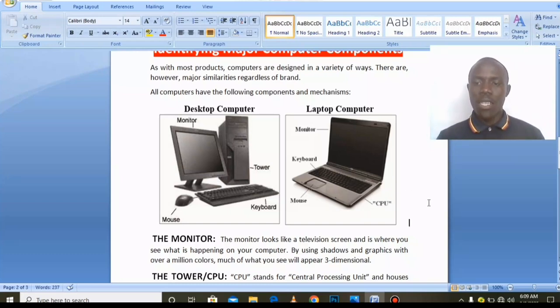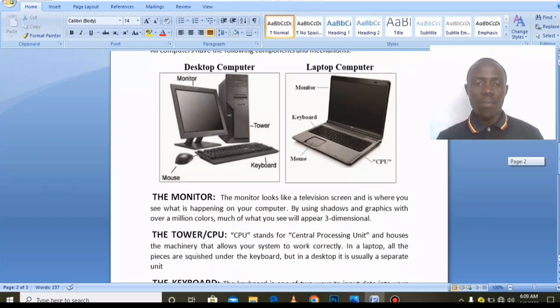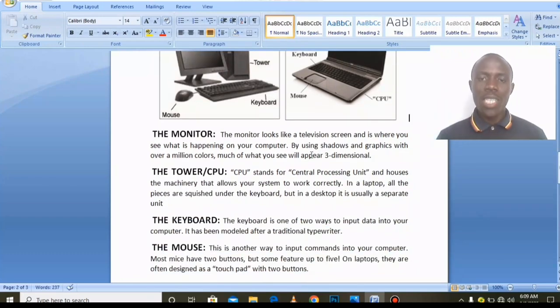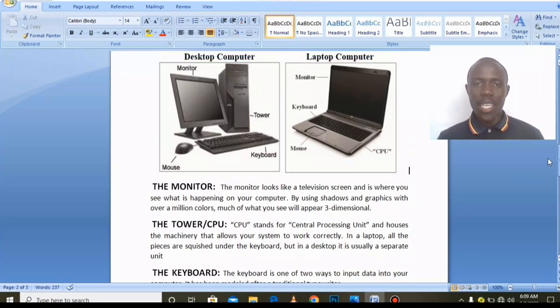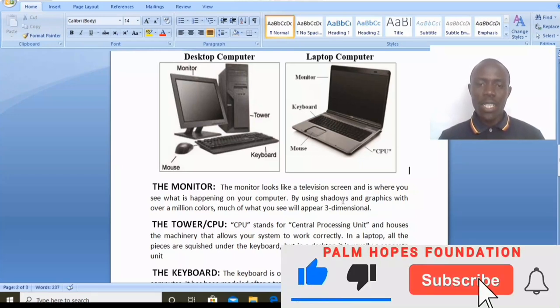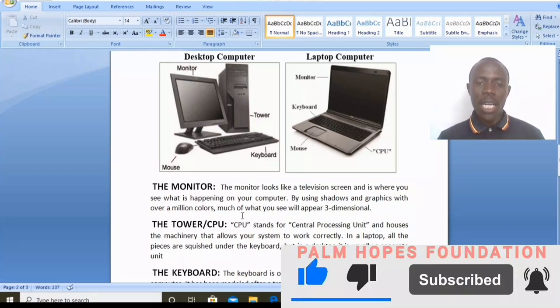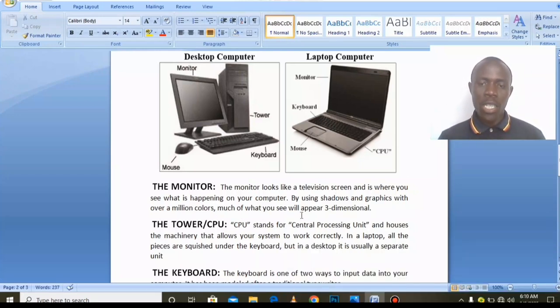So let's see what the monitor is. The monitor looks like a television screen and is where you see what is happening on your computer. This black thing that we are seeing here is the screen of a computer. By using shadows and graphics with over a million colors, much of what you see will appear three-dimensional.